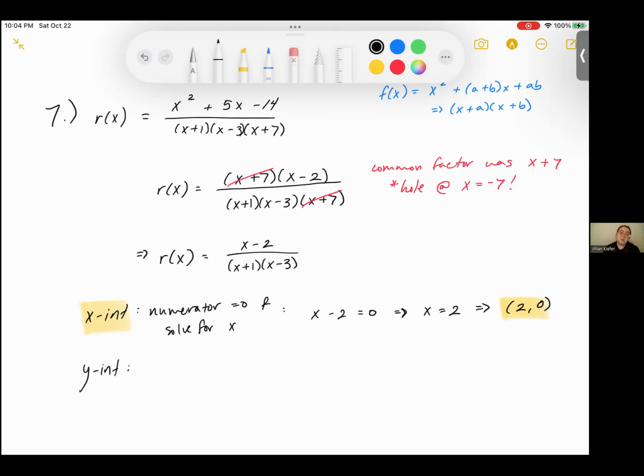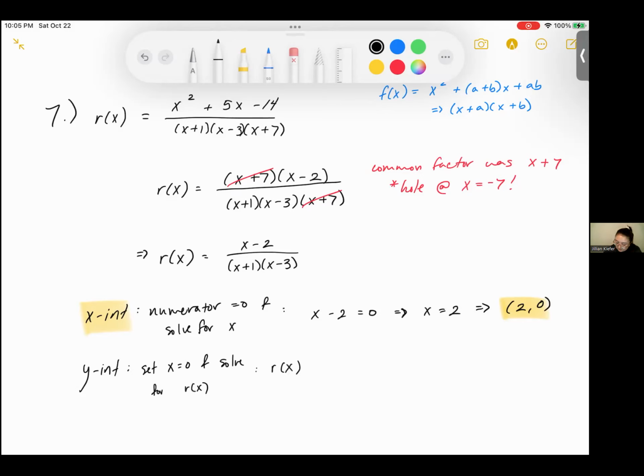But in our case, we actually don't have factored out or expanded expressions. We have x plus 1 times x minus 3. So it's easier to just plug in 0 for x and solve for r of x. So for our y-intercept, we would set x equal to 0 and solve for r of x.